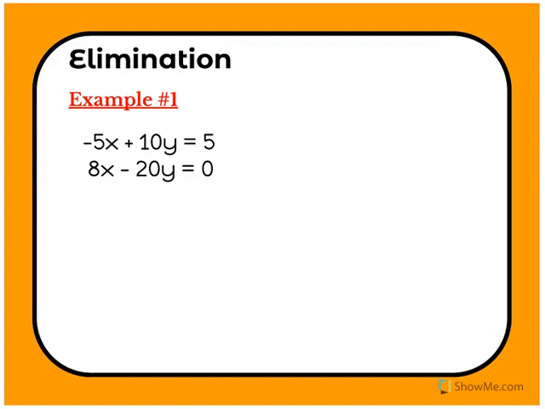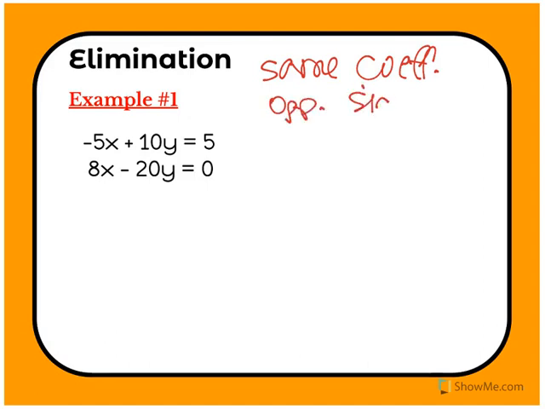So here's what I mean. Notice that, first of all, remember we need to have the same coefficient, or that means the number in front of x, and we need to have opposite signs, or one's positive, one's negative, right? So notice here, this is negative, this is positive, so that's good, and this is positive and this is negative, so that's good.